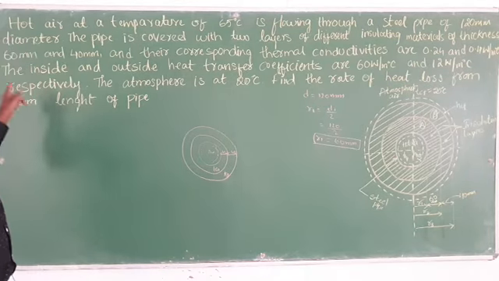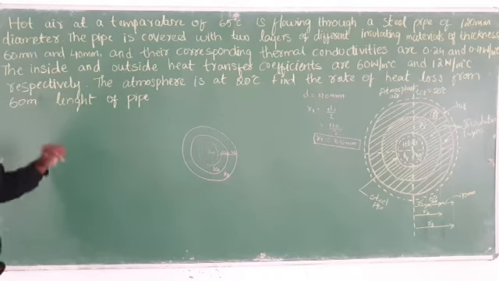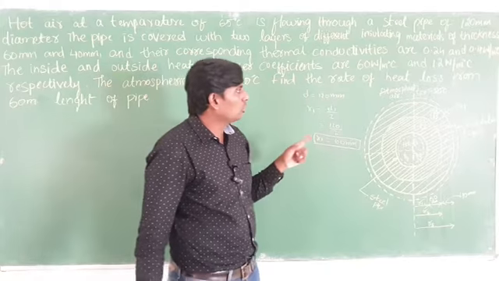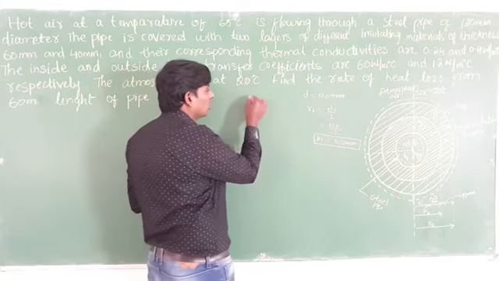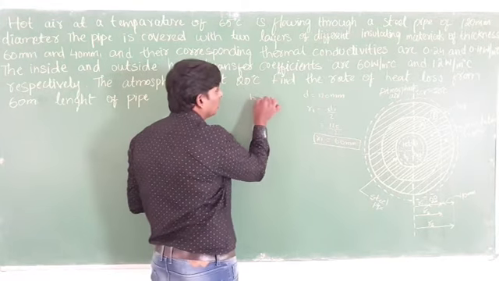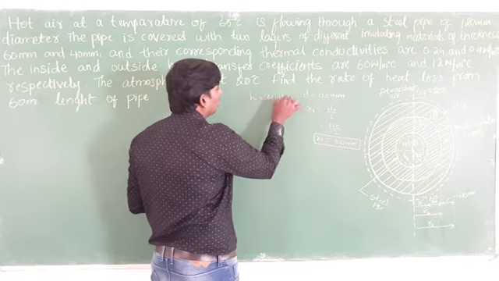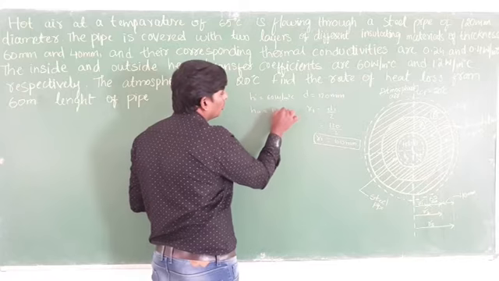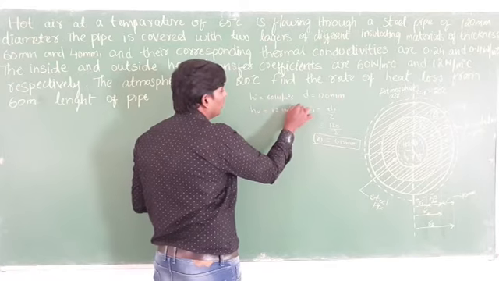The inside and outside heat transfer coefficients are introduced for the first time. The heat transfer coefficients are designated Hi and Ho. Hi is equal to 60 watt per meter square degree centigrade and Ho is equal to 12 watt per meter square degree centigrade.